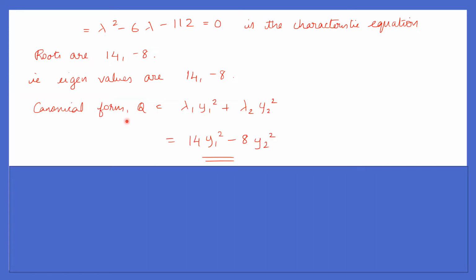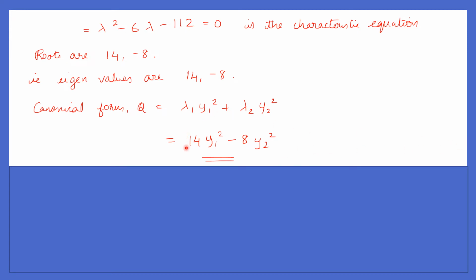The canonical form can be represented, the general format is Q is equal to lambda 1 y1 square plus lambda 2 y2 square, where lambda 1 and lambda 2 are the eigenvalues. So we can represent it as 14 y1 square minus 8 y2 square, which is the canonical form of the given quadratic equation.